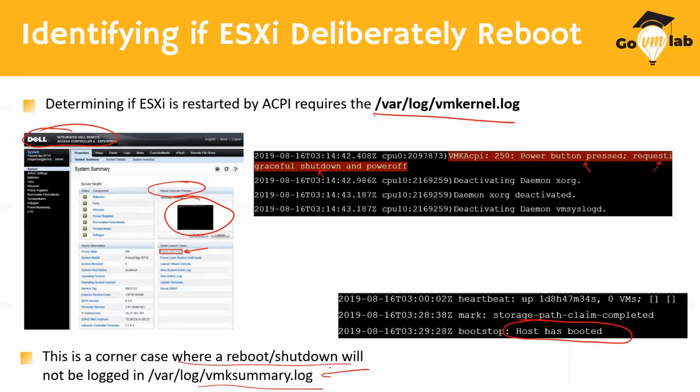So if you are only relying on vmksummary.log to identify the root cause of the ESXi host reboot, you will not be able to identify it if the reboot was initiated from your iDRAC or ILO. The vmkernel.log is the only log file which will log that particular event about your ESXi host reboot or restart.